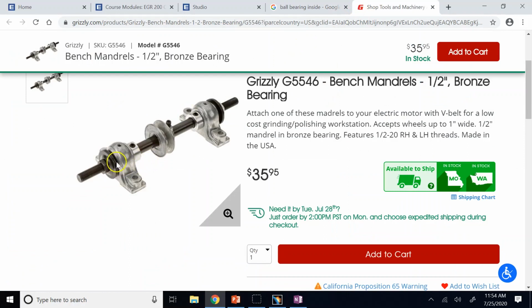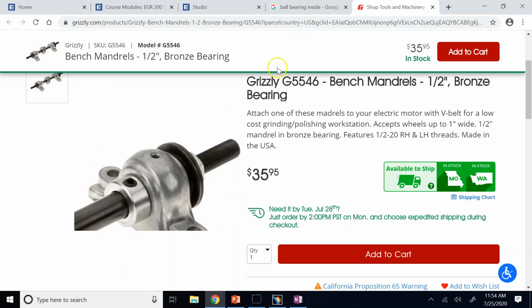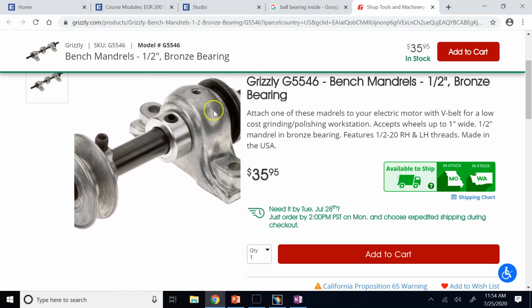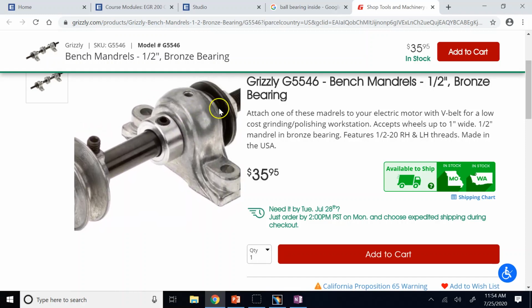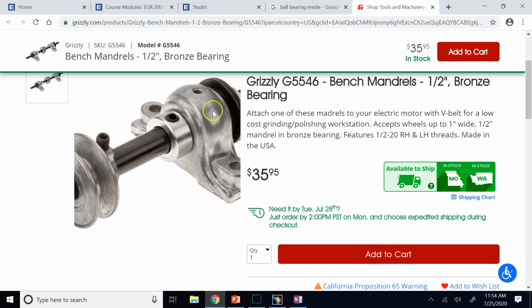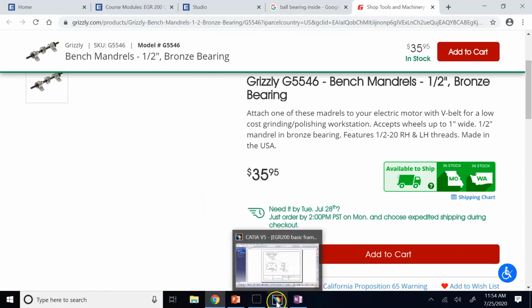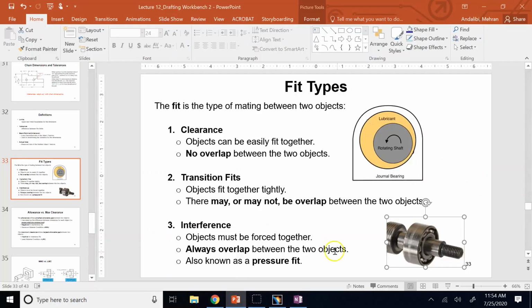Now, what do you do to the outer ring? Yes, you fix the outer ring inside a fixed component like these, and you call it housing, right? So the outer cage of the bearing is also fixed using another interference fit inside a fixed component we call the housing.